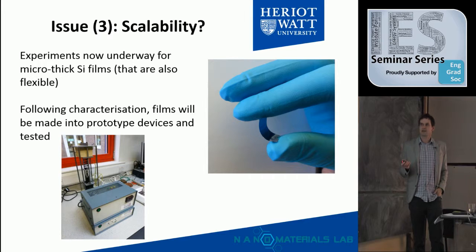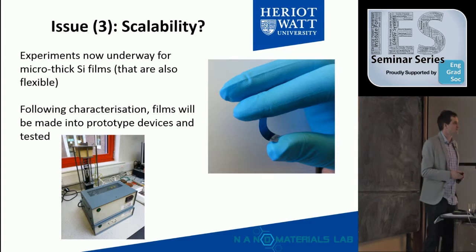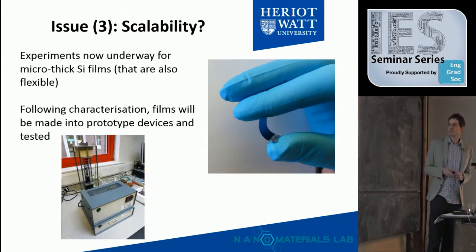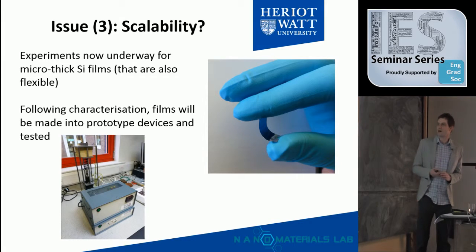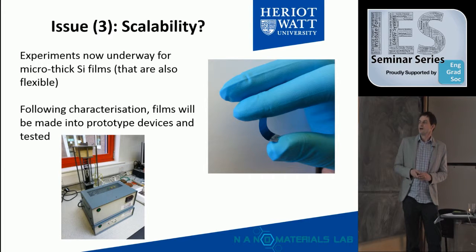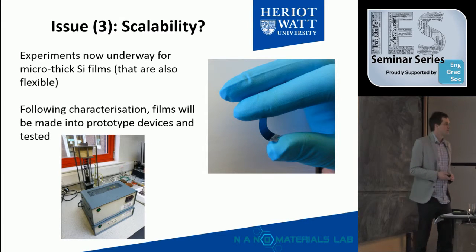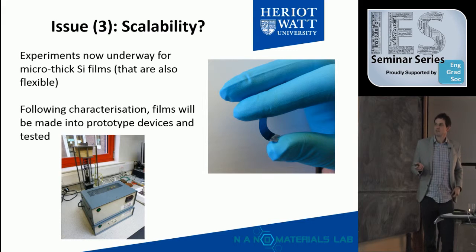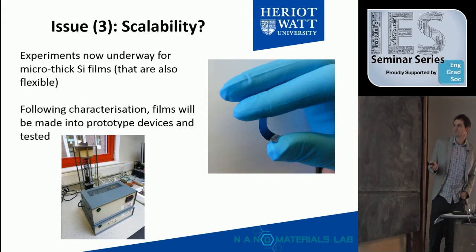We're currently characterizing materials. We'll then make devices, which is the end game, and that's where the engineering part, and the difficult part, will come in. But we're quite hopeful that we might find something interesting when we make devices as well.